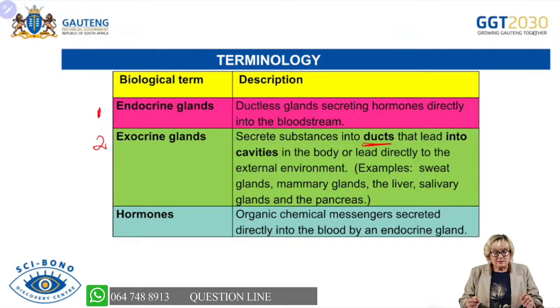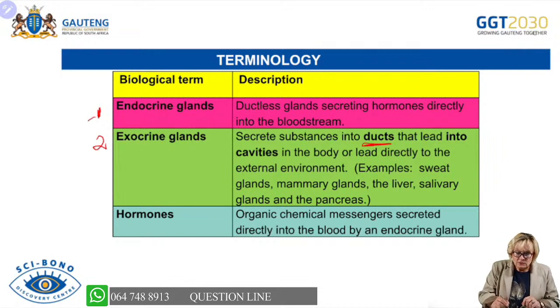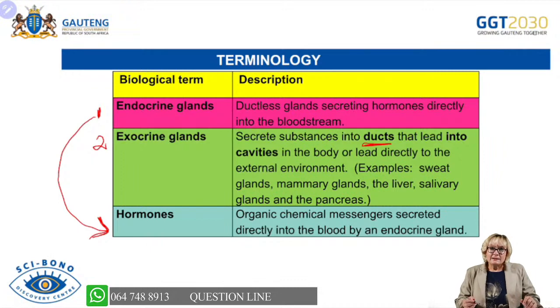And then hormones are organic chemical messengers secreted directly into the blood by an endocrine gland. So an endocrine gland and a hormone work together. And I'm giving you a hint. Please remember, there's only one organ in your body that is both endocrine and exocrine, and that is your pancreas.